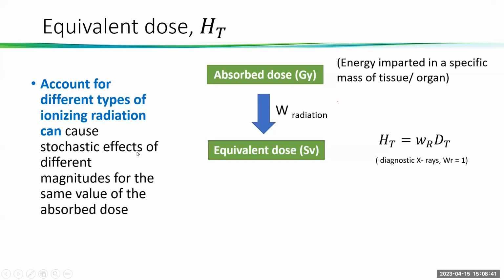The next quantity that we'll talk about is the equivalent dose, which proceeds from the absorbed dose. It's taken from the absorbed dose, but it accounts for the different types of ionizing radiation. That is called the radiation weighting factor, to account for the different stochastic effects and the different magnitudes of the effects of the radiation dose to the tissue.